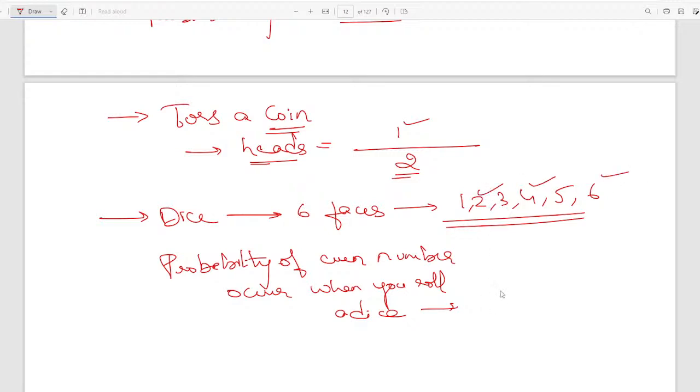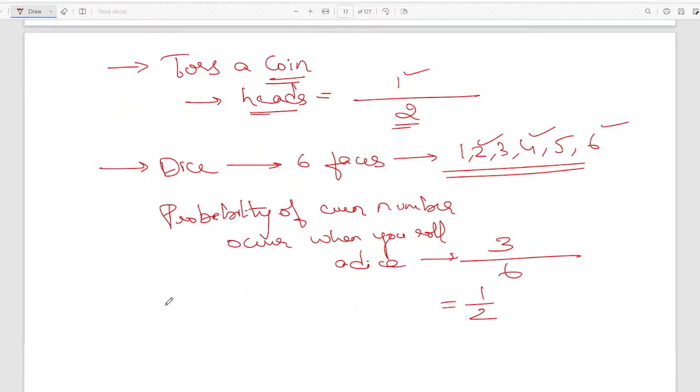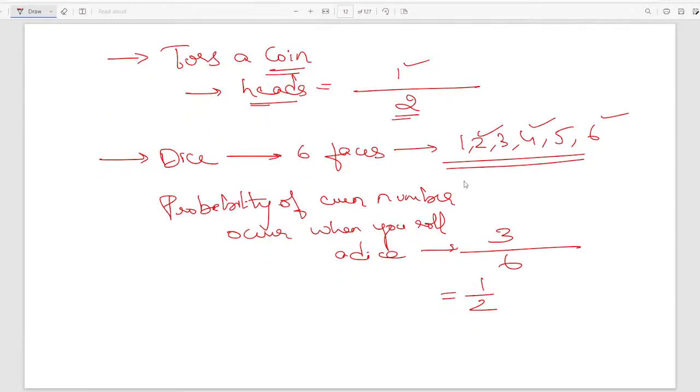There are 3 even numbers. 3 is in the numerator, and the total number of possibilities that can occur is 6. 1, 2, 3, 4, 5, 6. 3 by 6, that is 1 by 2. So the probability of an even number occurring when you roll a dice is 3 by 6, that is 1 by 2. Half.